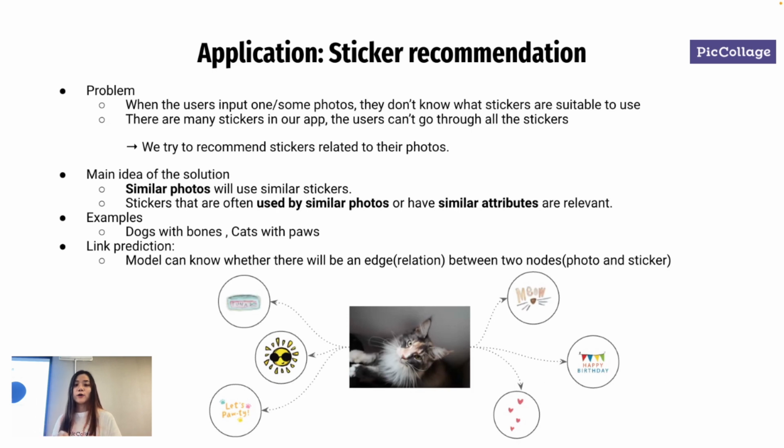The model can know whether there will be an edge between two nodes. The nodes will be photos or stickers. So when an image is input, we try to predict whether there is a link between the stickers and the photos.